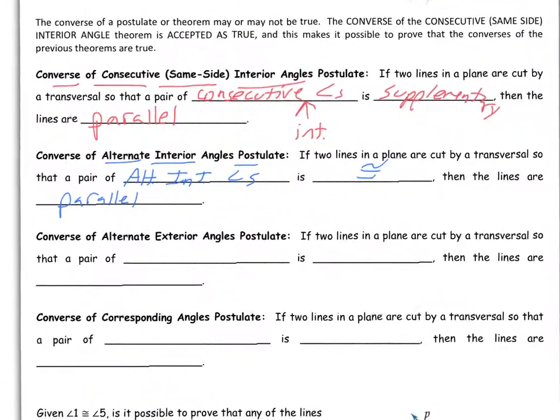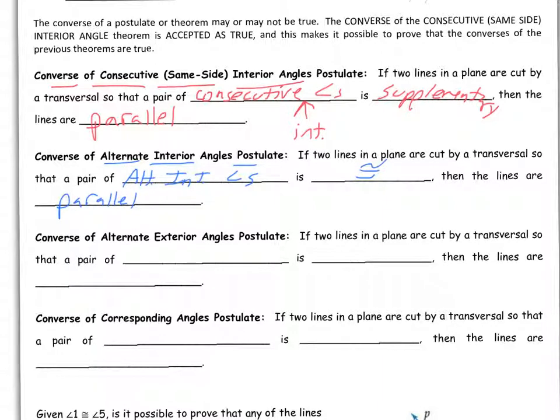And the next one says that if alternate exterior angles are congruent, then the lines are parallel.